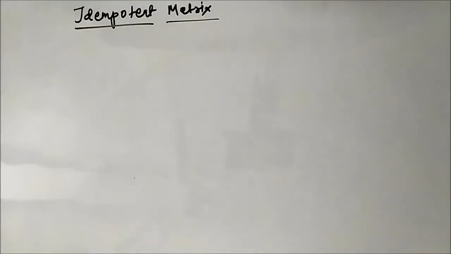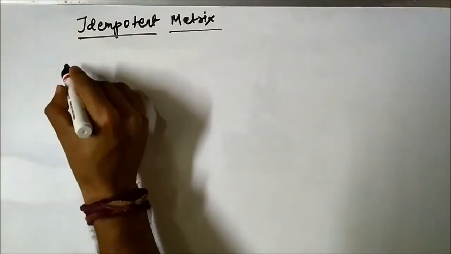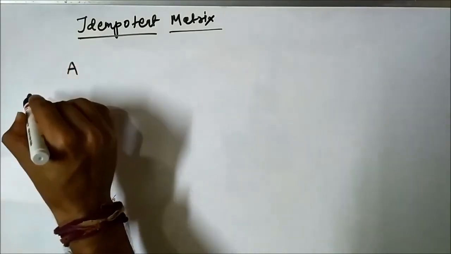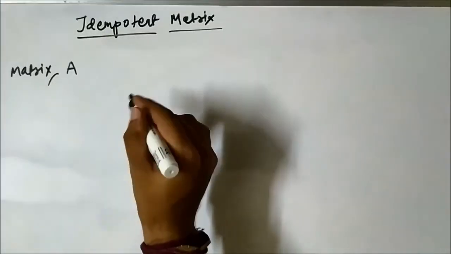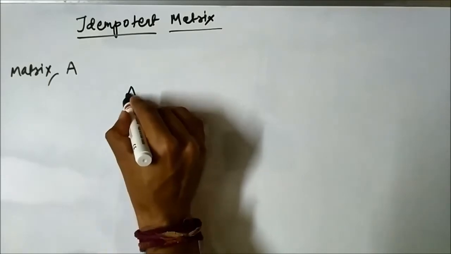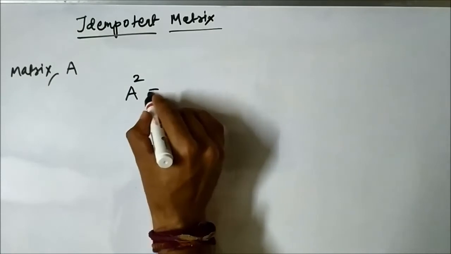Okay, so now we are going to take forward our discussion on the types of matrices, and the next category of matrix which we are going to discuss is the idempotent matrix. A matrix A is called idempotent if the square of the matrix gives us the same matrix again.